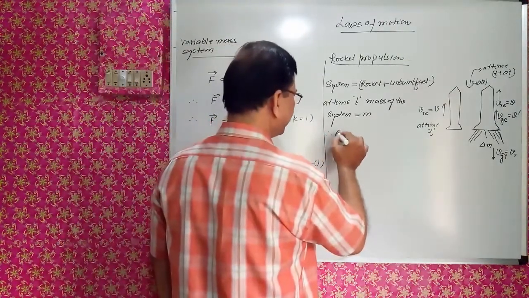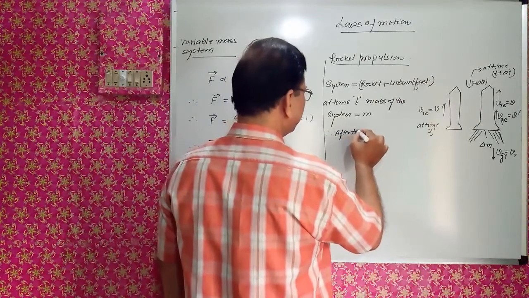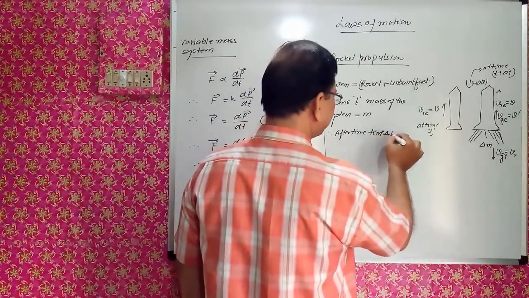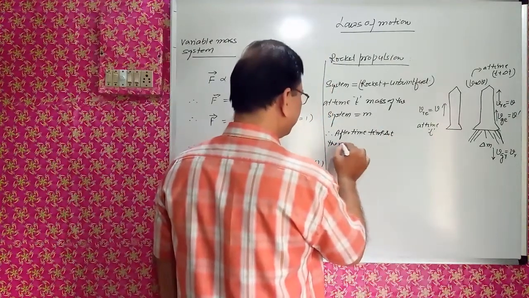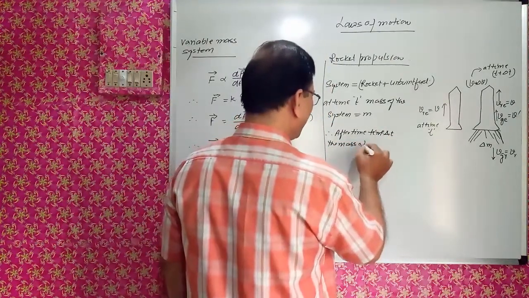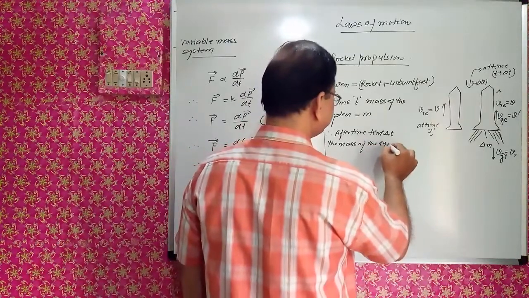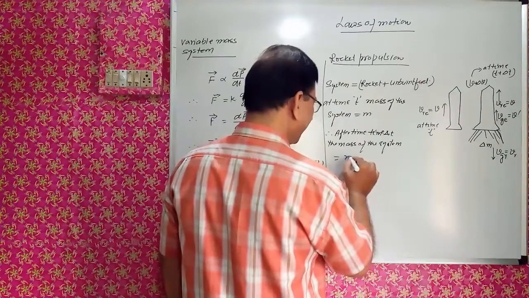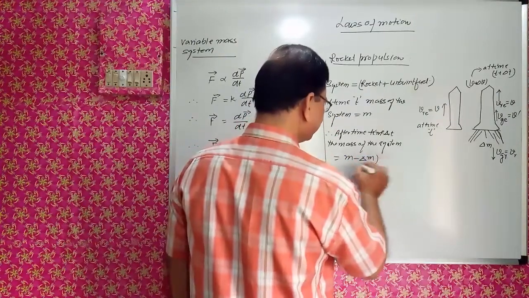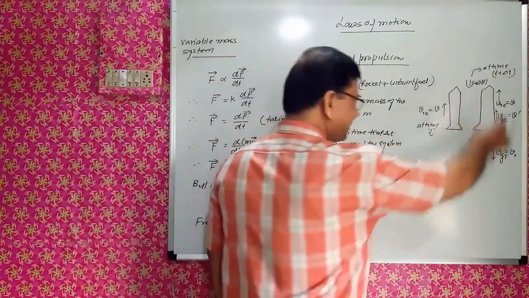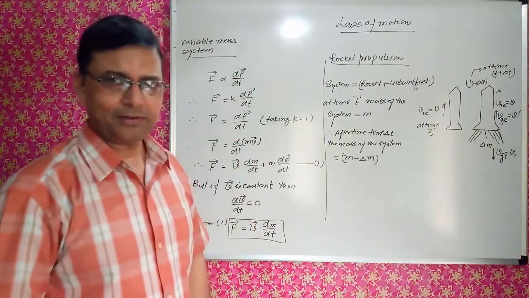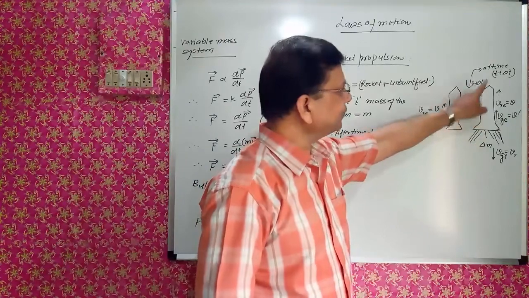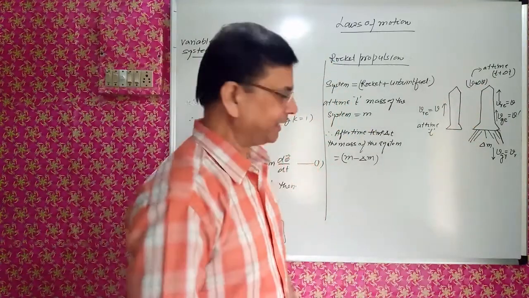Therefore, after time delta t, the mass of the system is equal to m minus delta m, because this much mass has come out from the system, isn't it? And the velocity at that moment is v plus delta v.